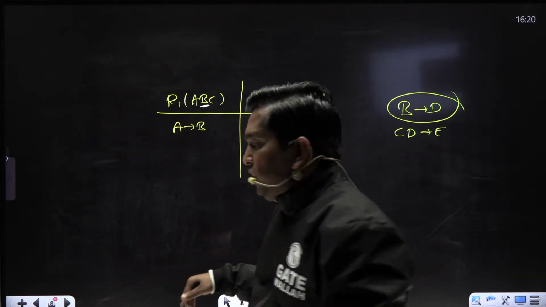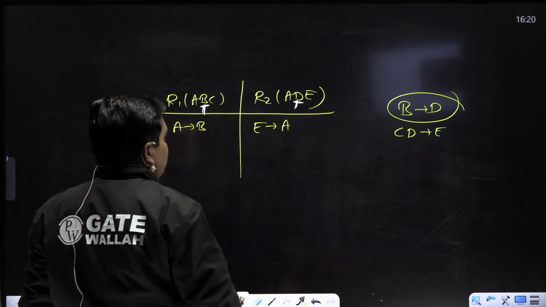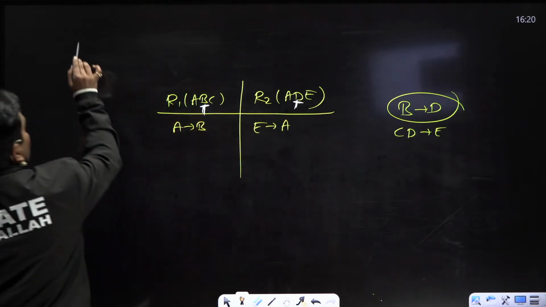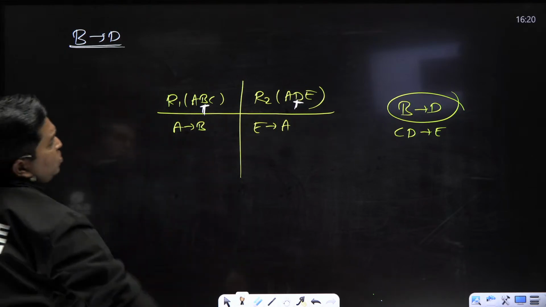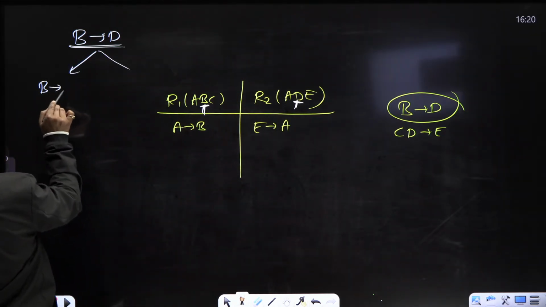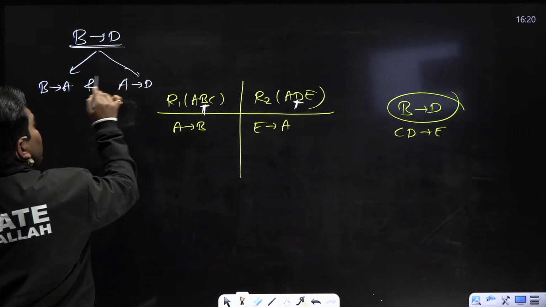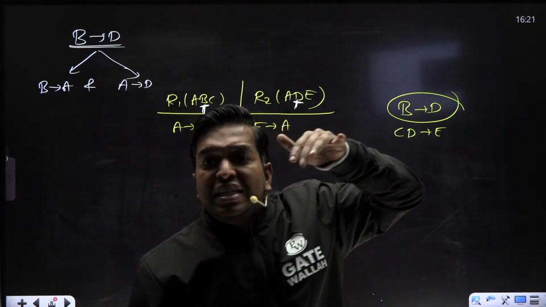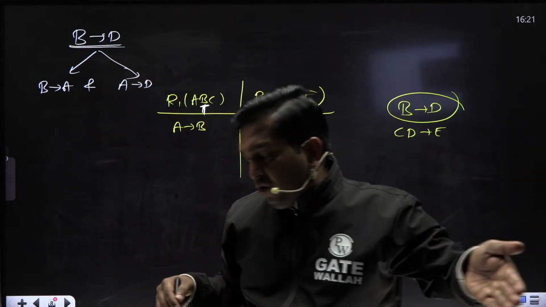Or another approach: B is here, D is here, and what is the common attribute? A. So for checking B tends to D, if we get B tends to A and A tends to D, then we can say B tends to D is indirectly preserved in R1 and R2.